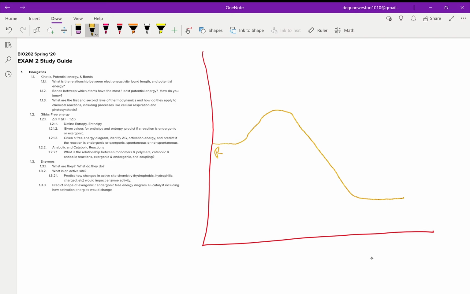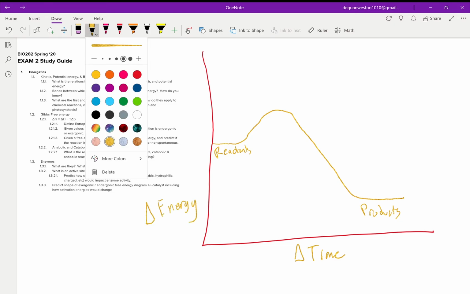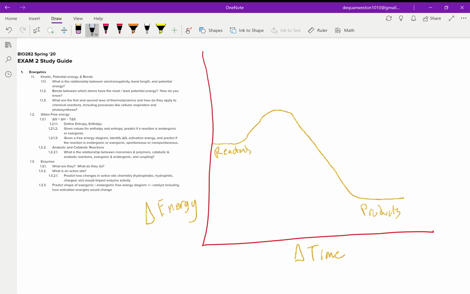So this is changing energy. Okay, so what an enzyme will do is it will lower this right here. So that's the energy for activation.